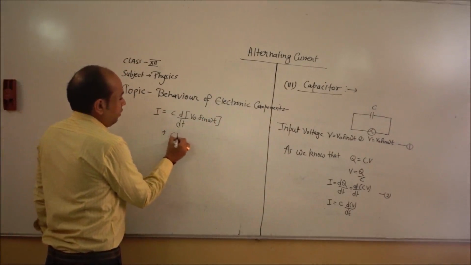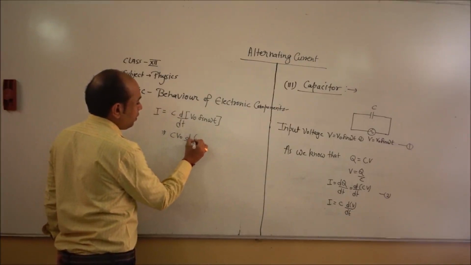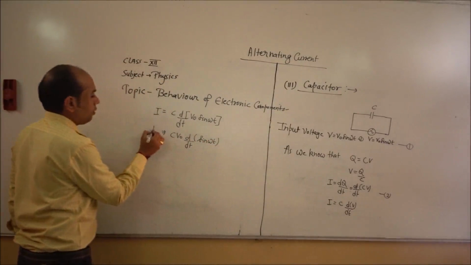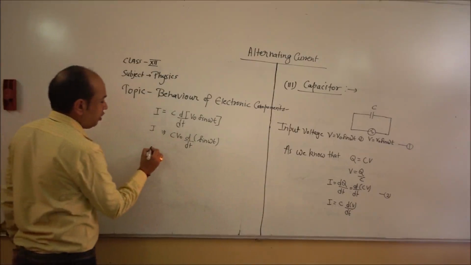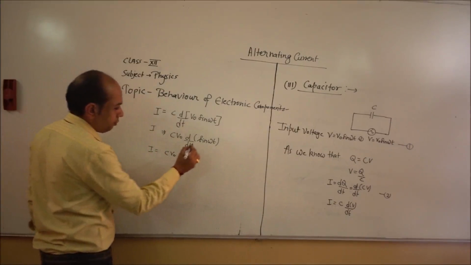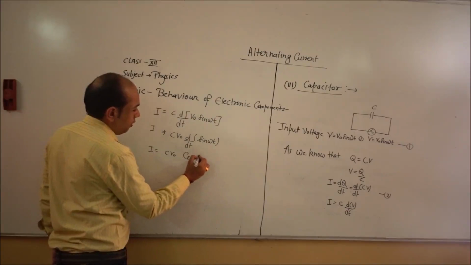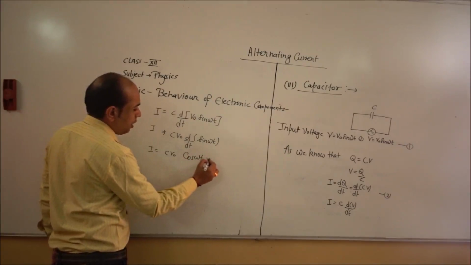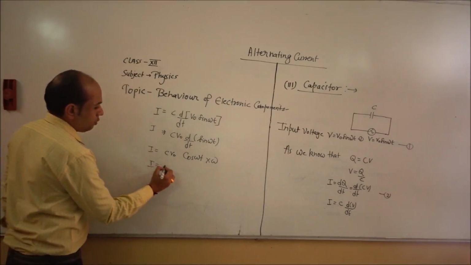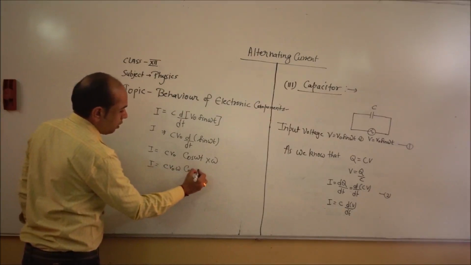Now C and V naught are outside, differentiation d by dt of sin omega t. When we differentiate this equation, I is equal to C V naught, sin becomes cos omega t, multiplied with the angle omega. So this becomes I is equal to C V naught omega cos of omega t.